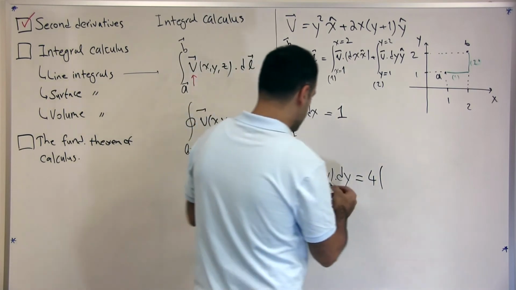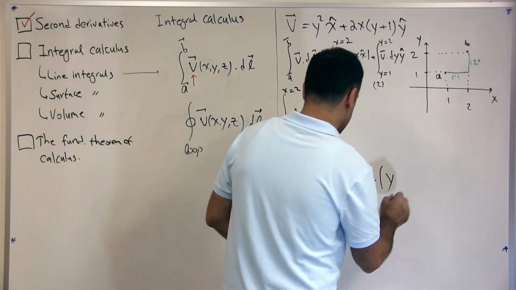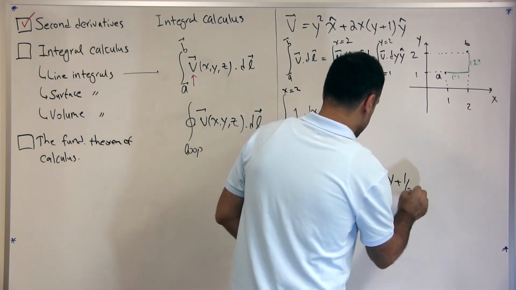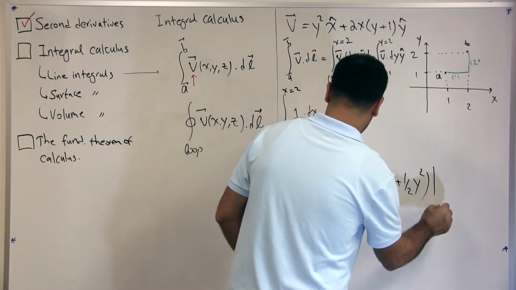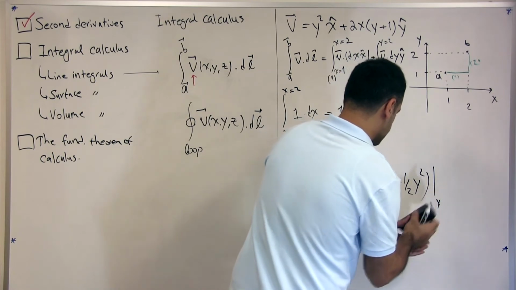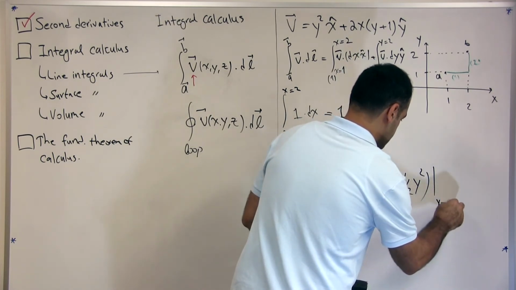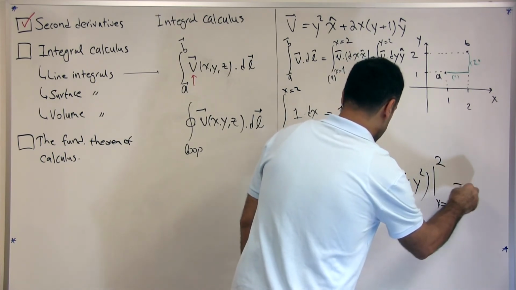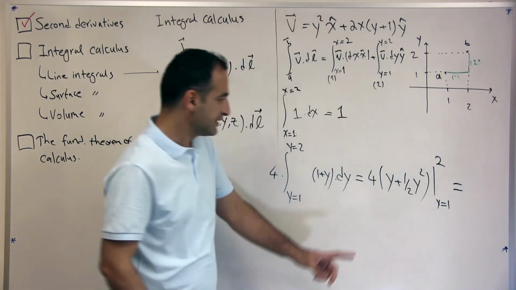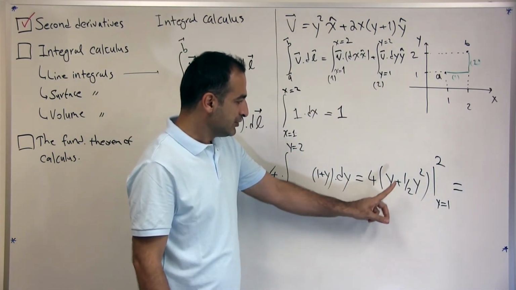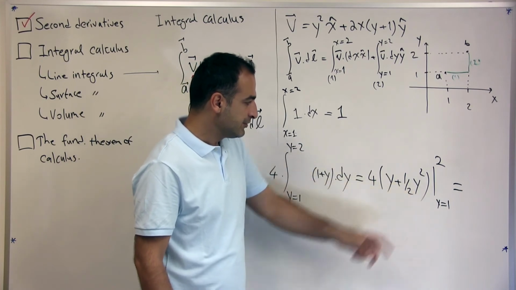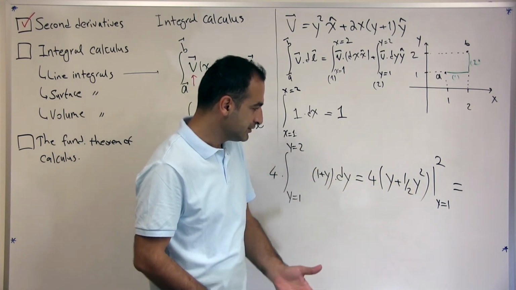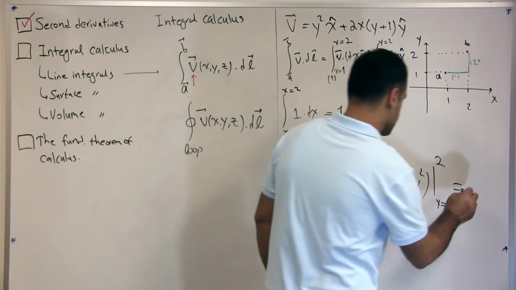If you integrate, from the first term you get y, and from the second term you get y squared over 2, with limits y from 1 to 2. If you set it at 2, you get 2 plus 1/2 times 4. You get 4 times 4, you get 16.